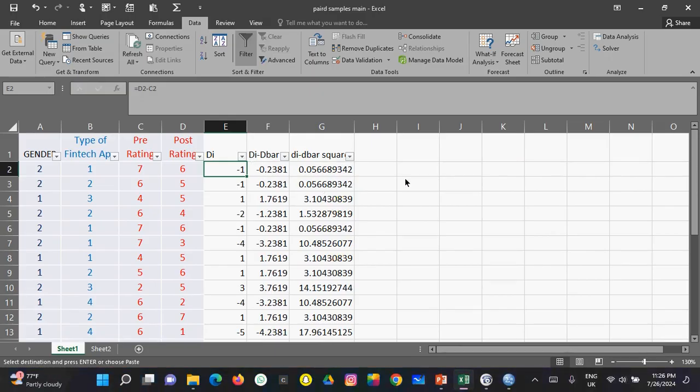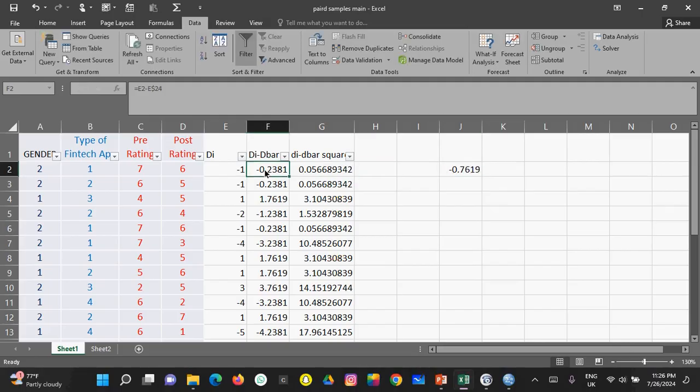We had d bar to be negative 0.7619 or so, right?